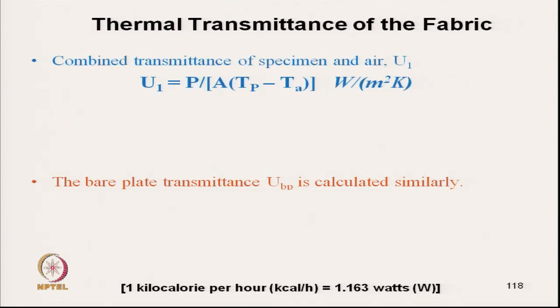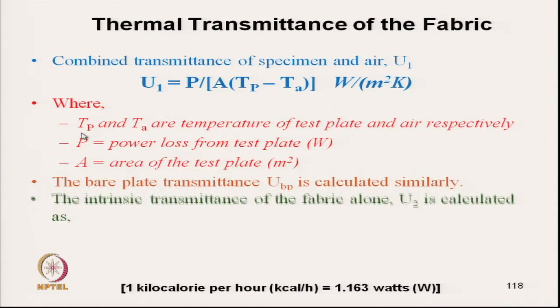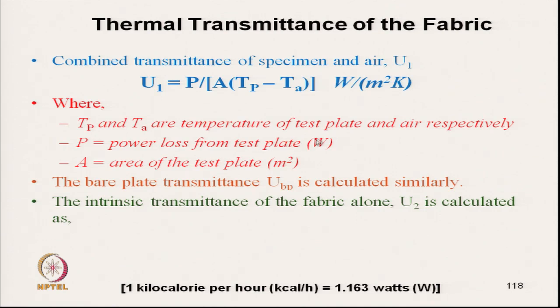the thermal transmittance is a combined thermal transmittance of specimen and air, which is calculated as U1, which is P by A multiplied by Tp minus Ta, where Tp and Ta are the temperature of the test plate and the temperature of the ambient air, that is the temperature difference.